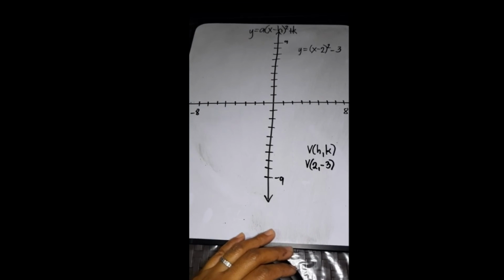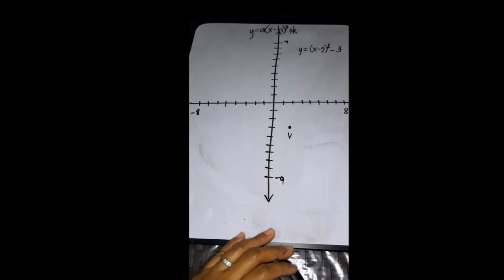So therefore, pag i-graph natin, okay, andito siya na quadrant. Okay, so positive 2, negative 3. So here, nandito yung vertex natin.